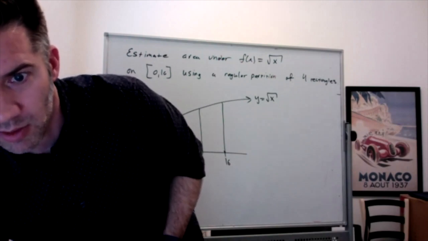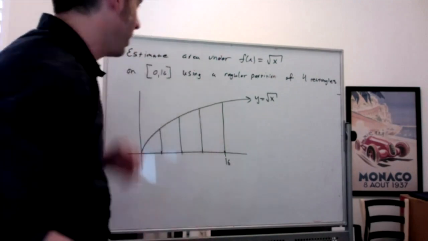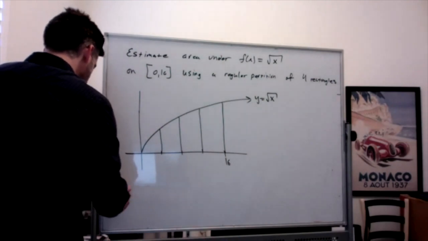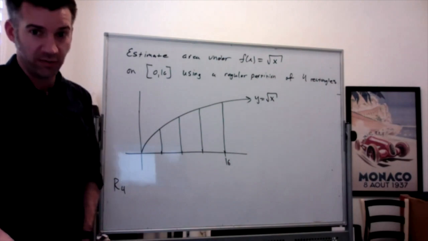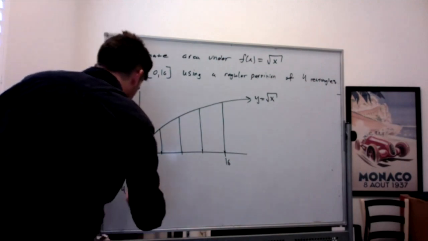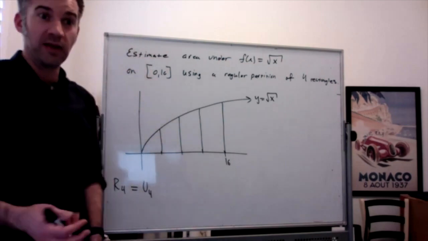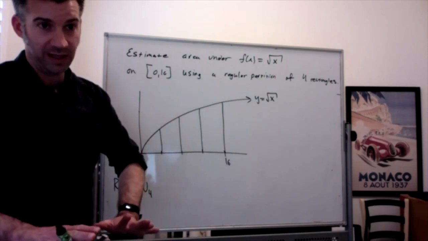The way I would probably write this is R4, because I'm using right endpoints with 4 subintervals, but Schulten in her class is writing this as U4, because she's finding the upper sum using 4 subintervals.